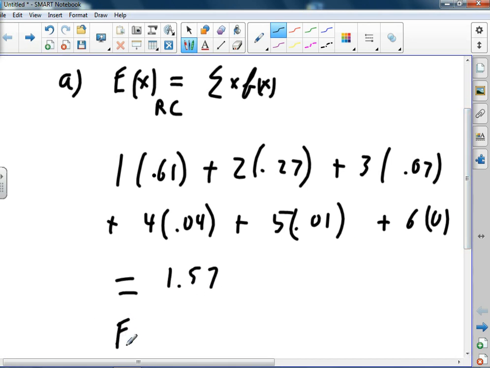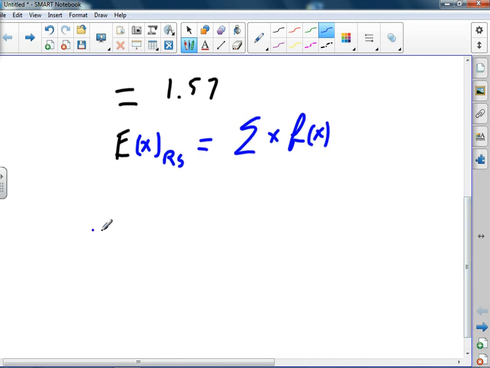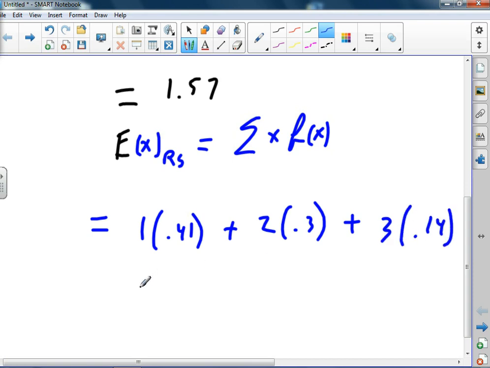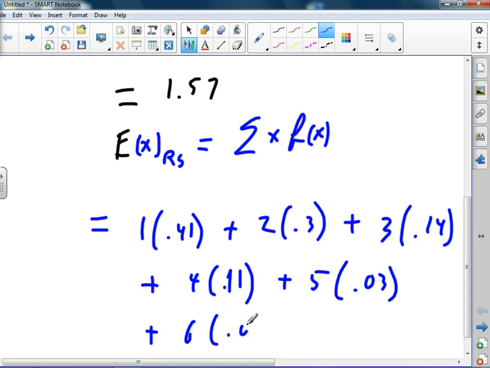And continuing on with A, the expected value of the rent subsidized guys is going to be the same thing, summation of the number times the function. 1 times 0.41, 2 times 0.3, 3 times 0.14, 4 times 0.11, 5 times 0.03, 6 times 0.01.